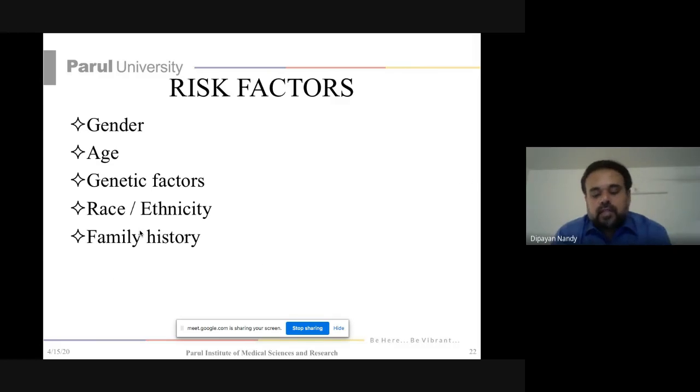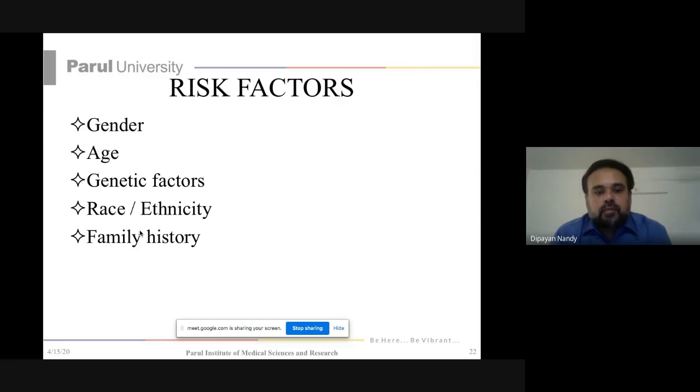The next risk factor would be family history. As I told you, family history and genetic is slightly different. A familial breast cancer may not necessarily have the genetic mutations which we discussed earlier. Family history means that someone in your close family in the blood relation has had the disease in the past. It could be your mother, a grandmother, both maternal side and paternal side, a sister.